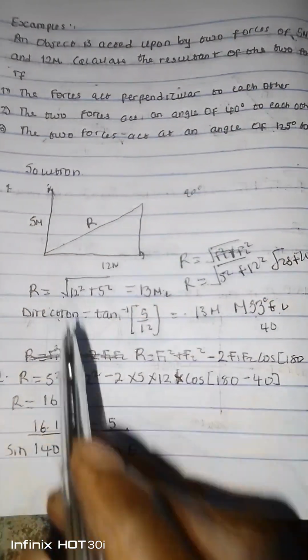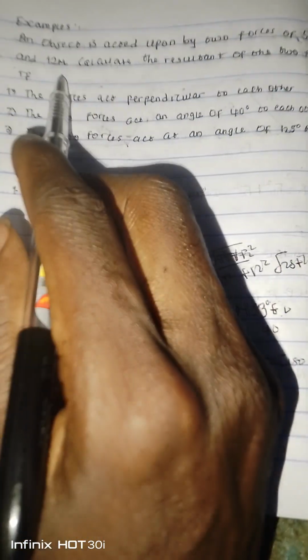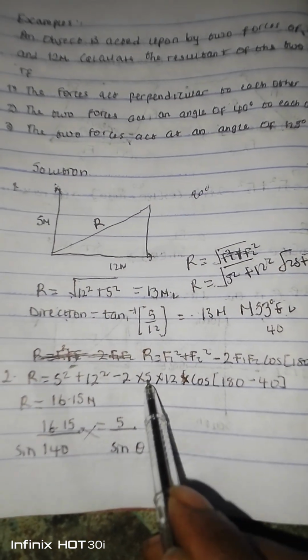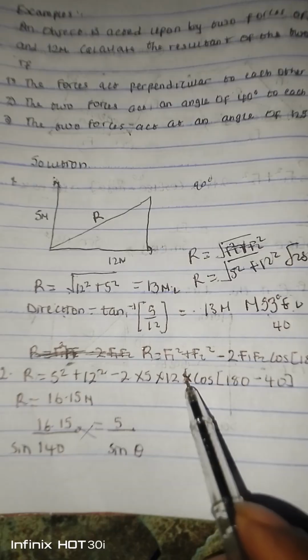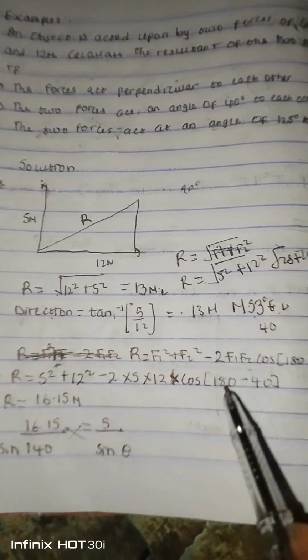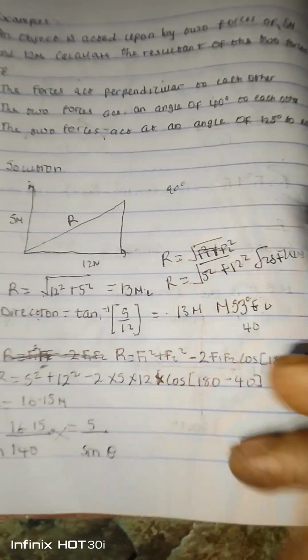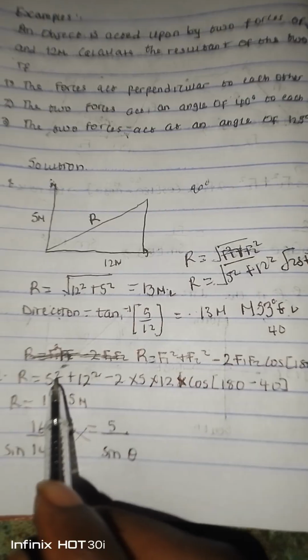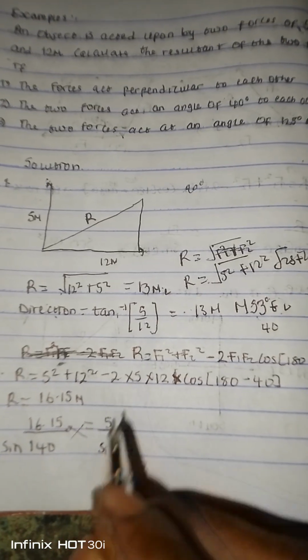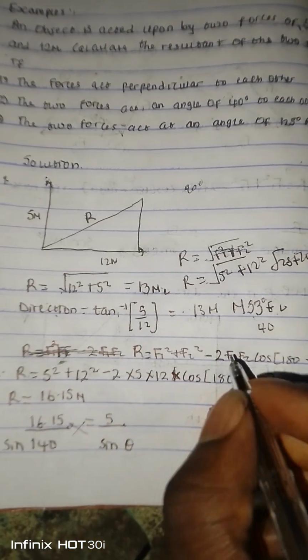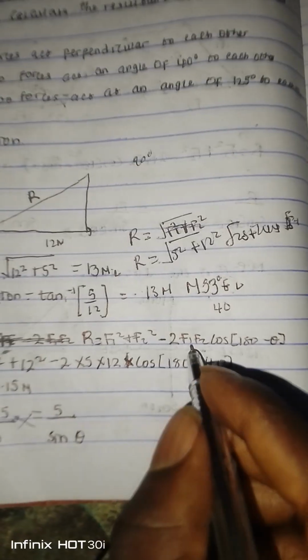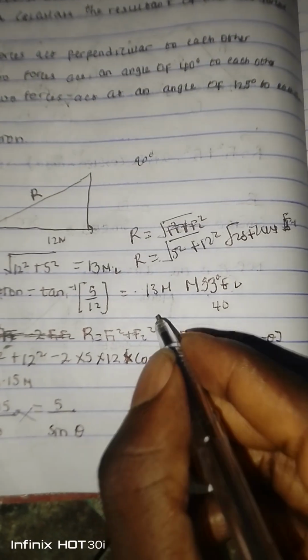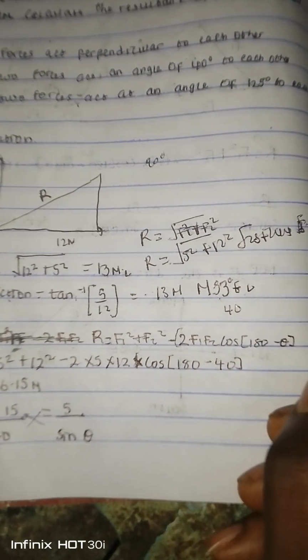So see it here. What is f1? Our f1 is 5 square plus 12 square minus 2 times 5 times 12 times cos of 180 minus what is the angle? 40. Once you press all this in your calculator, note you need to know how to use a calculator very well. You notice that 2 f1 f2 cos of 180 minus theta is on its own.